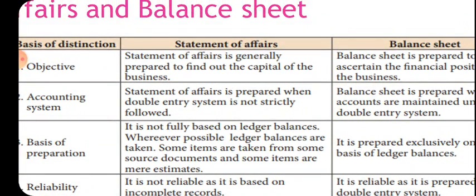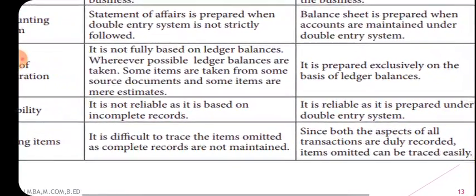So statement of affairs is prepared to find out capital. It is prepared when the double entry system is not followed. Here the items are not taken from the ledger where possible. They prepare accounts only from estimates and source documents. It is not reliable and it is difficult to trace the omitted items.